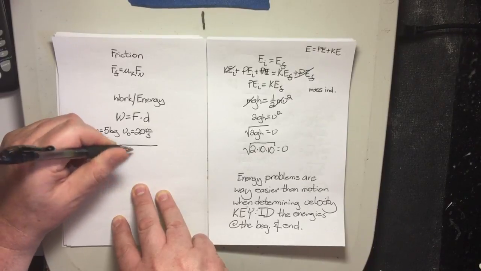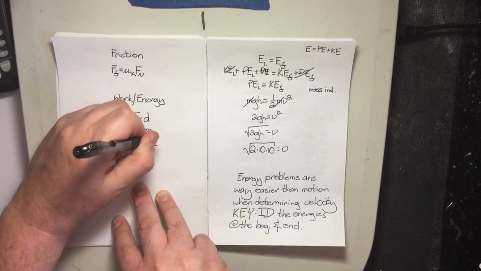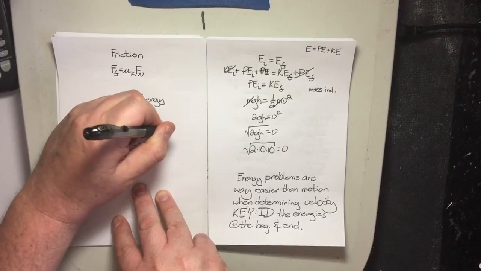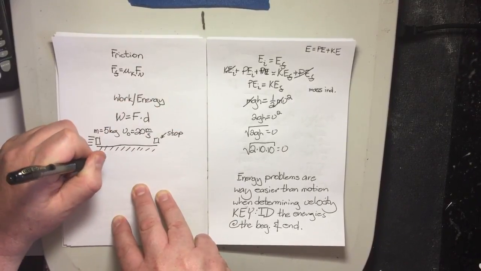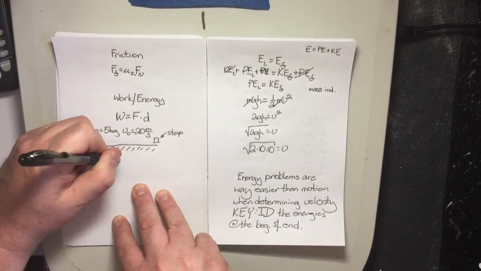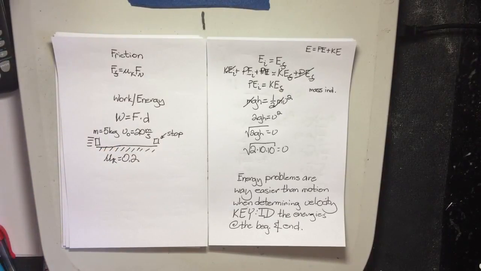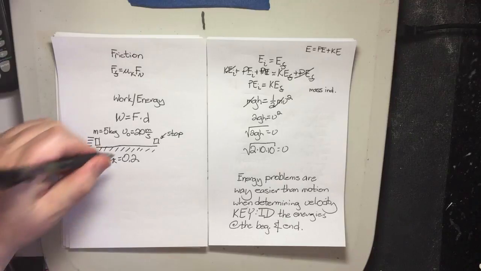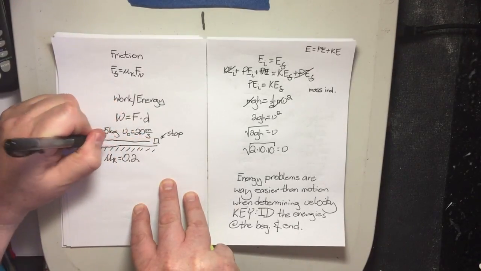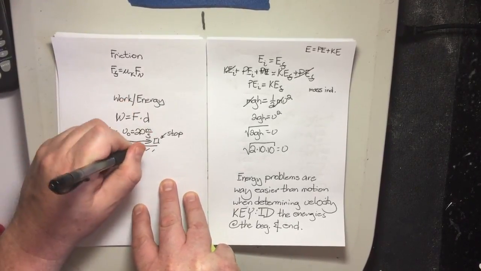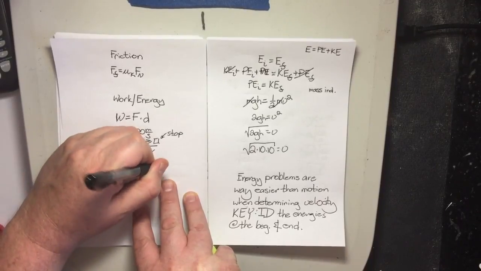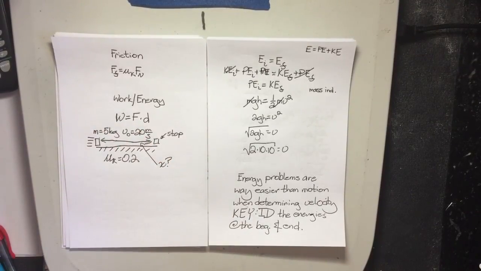It encounters an area of friction, boo friction, and it stops after a particular distance. What is that distance?